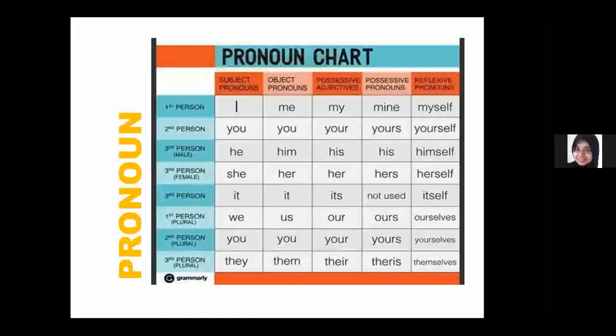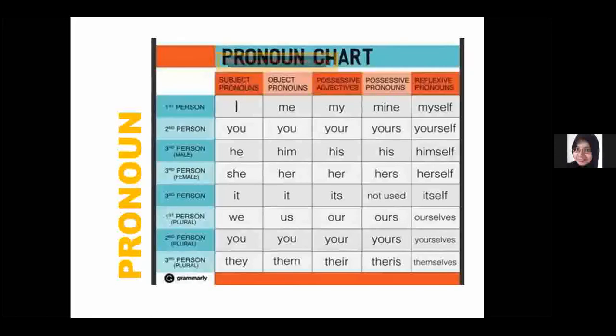We can go with some examples here. I am Nakula. Here the subject pronoun is I. He called me. Here me can be identified as an object pronoun. This is my laptop. Here my means it belongs to me, so that is called a possessive adjective.